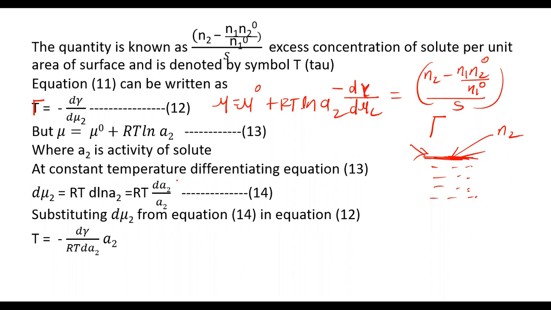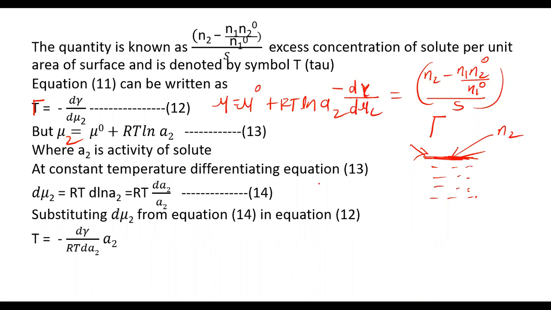Now at constant temperature, let us differentiate equation 13. Mu 2 is the chemical potential of the solute, and mu 1 is the chemical potential of the solvent. So mu 2 equals mu 0 plus RT ln A2, where A2 is the activity of the solute.